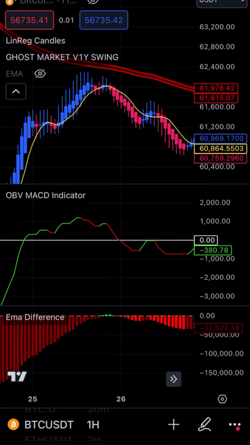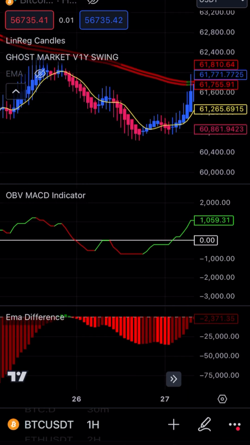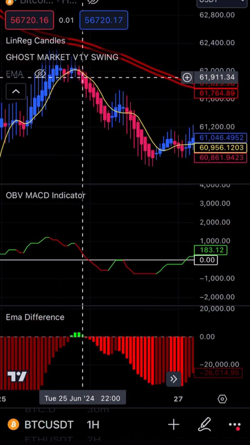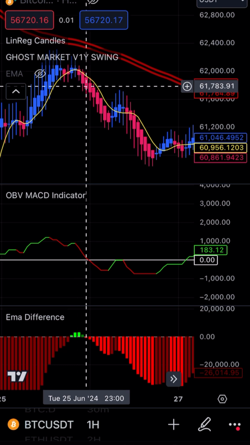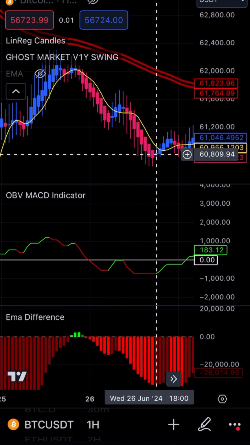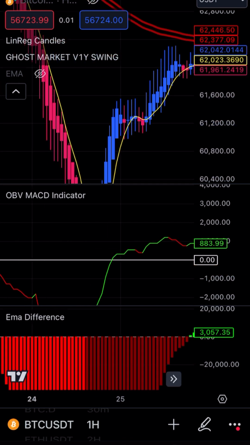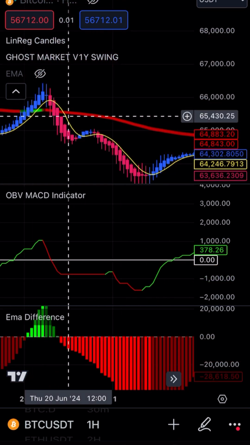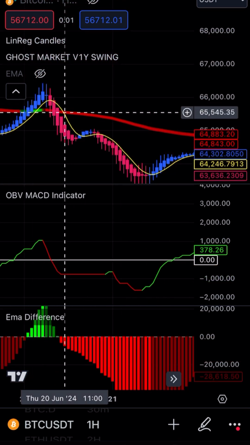That one's a little choppy, but it still works. Okay, so the 90.95, there's nothing crossing the 90.95, but you see the linear line. The candles are below the linear line right here. You also see it crossing down with the MACD, and you also see it crossing down with the EMA difference right here. Okay, so right here, this will probably be the last one I'm going to do.